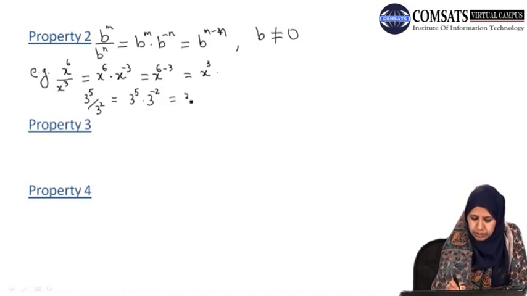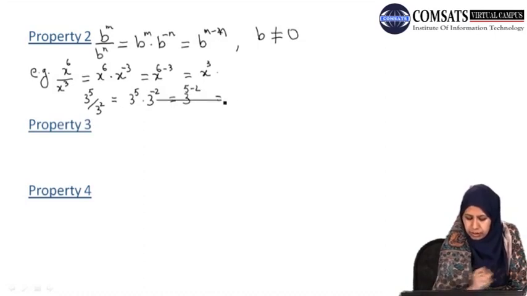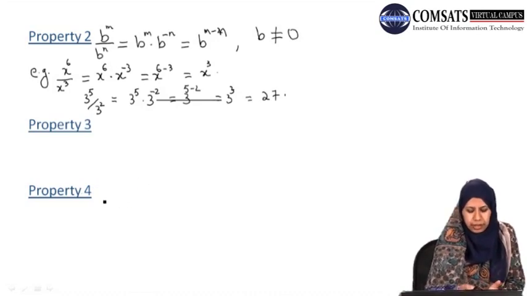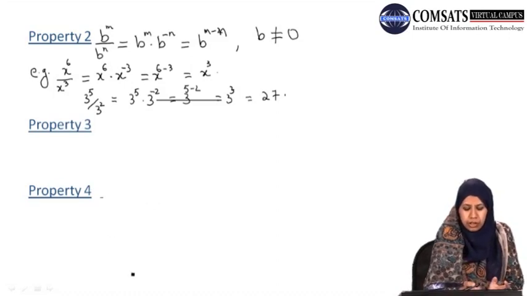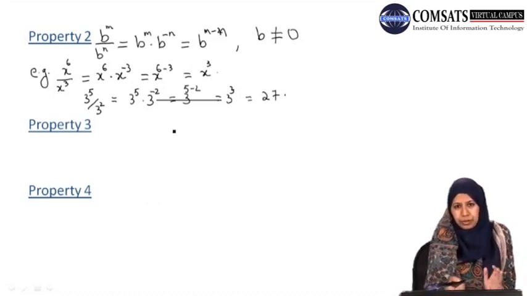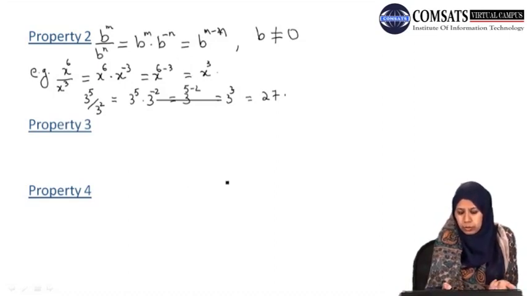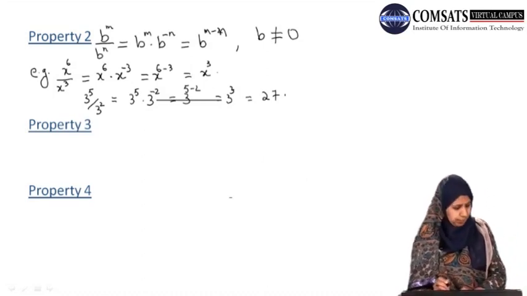Now we have the same base, so we will write it as a single base with powers added, and we obtain 3 cube, which is nothing but 27. So the ratio 3 to the power 5 divided by 3 square looks a bit lengthy or difficult to solve, but when we use the property of exponents, we simplify it and we are left with 3 cube, and it is easy to solve. That 3 cube is 27.